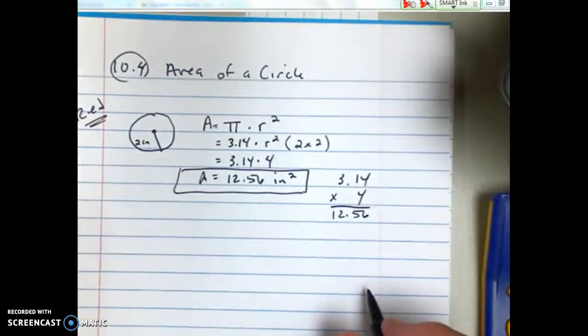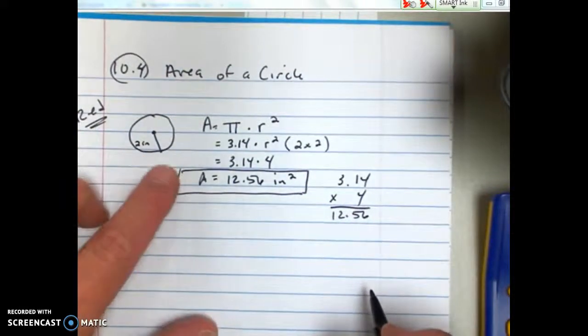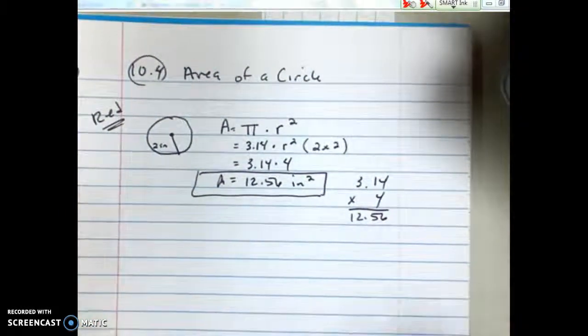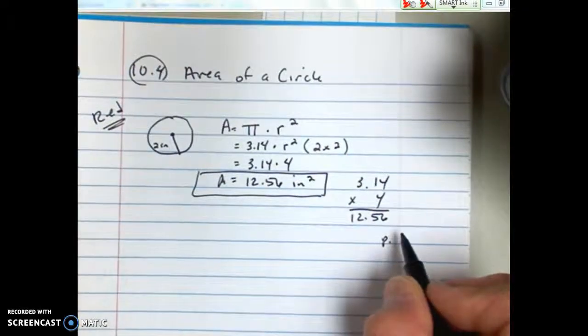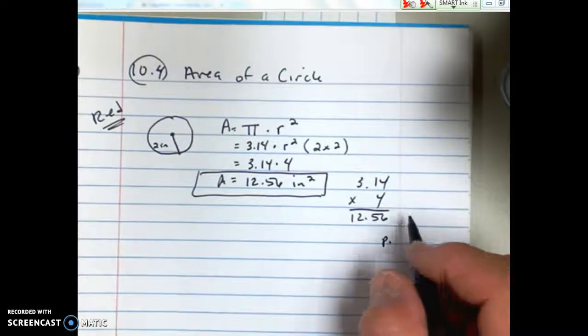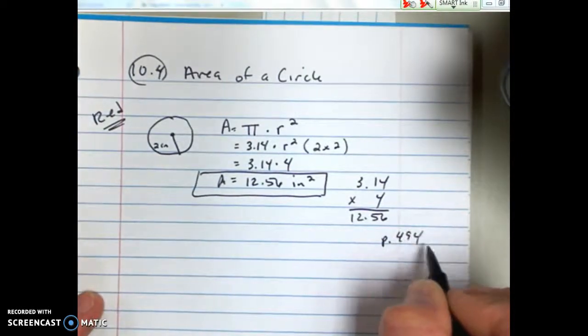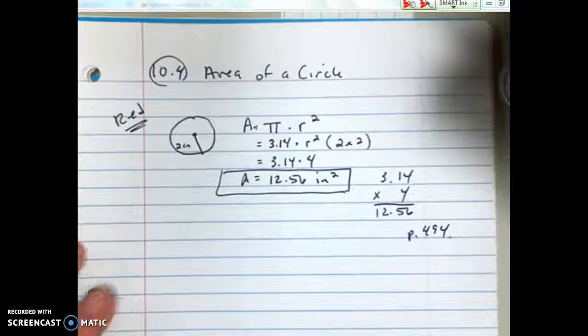Okay, and so this goes in your red folder. Put that example into your red folder, and then we're going to start our assignment on page 494. So go to page 494 for our assignment.